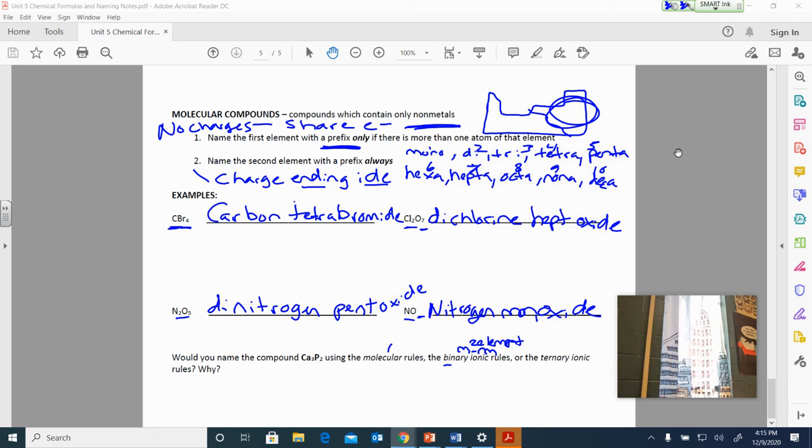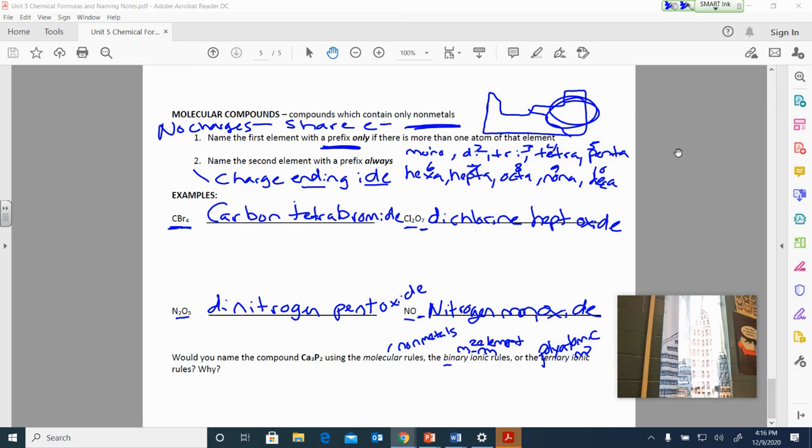The molecular rules, remember that's what we just did, non-metals only. And then the ternary are the ones that have the polyatomics in them, and again, they are a metal with a polyatomic ion. So that's what the ternary rules are.